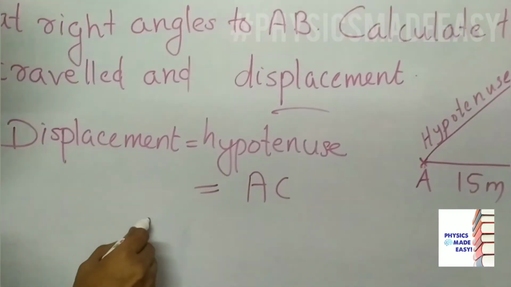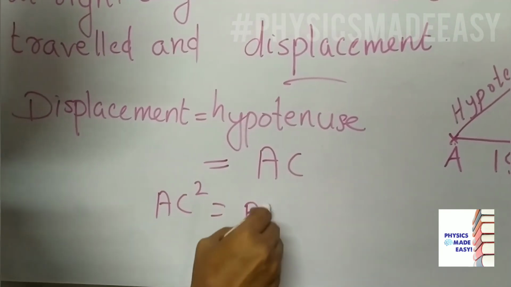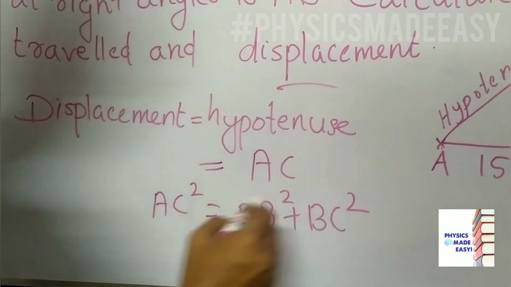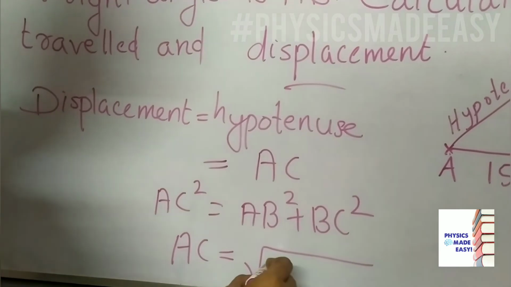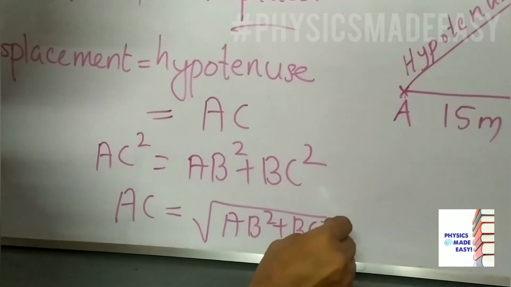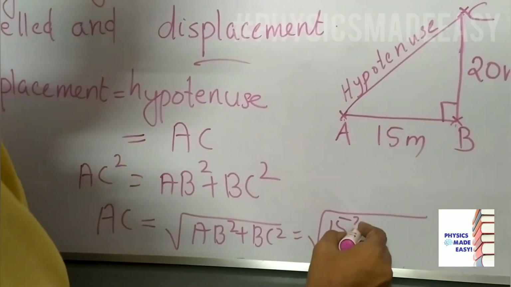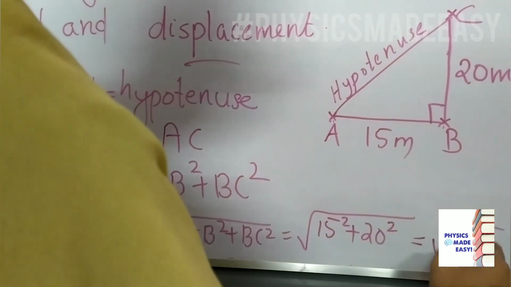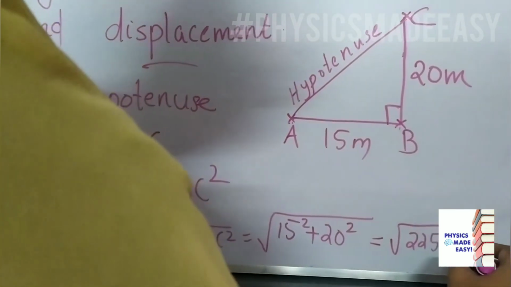You can write that as AC square is equal to AB square plus BC square. From this you can find the value of AC. Root of AB square plus BC square is equal to root of 15 square plus 20 square is equal to root of 225 plus 400.